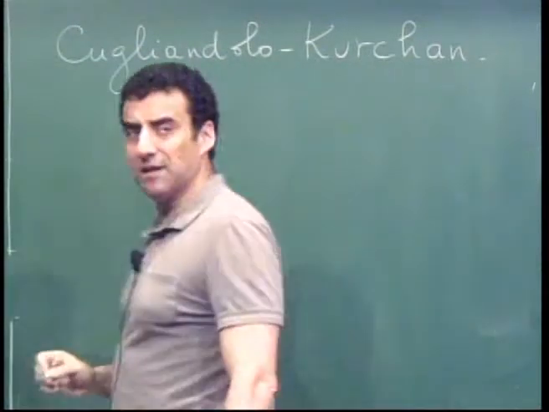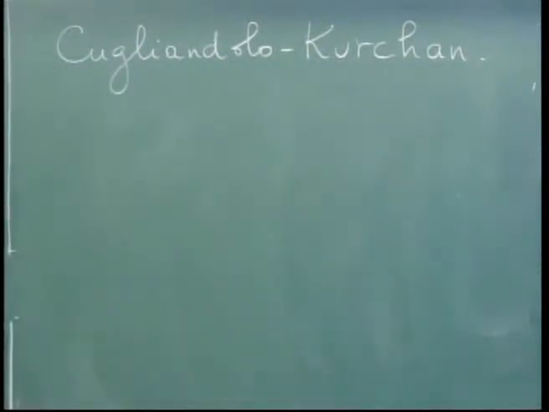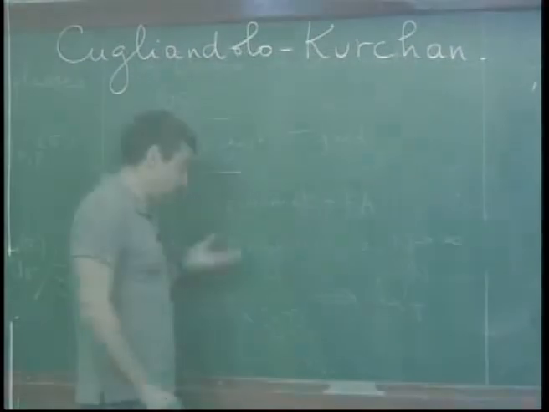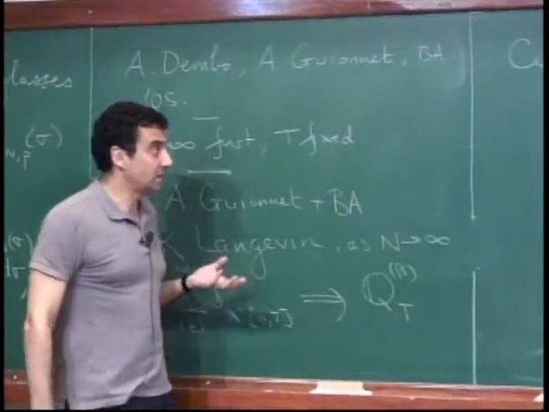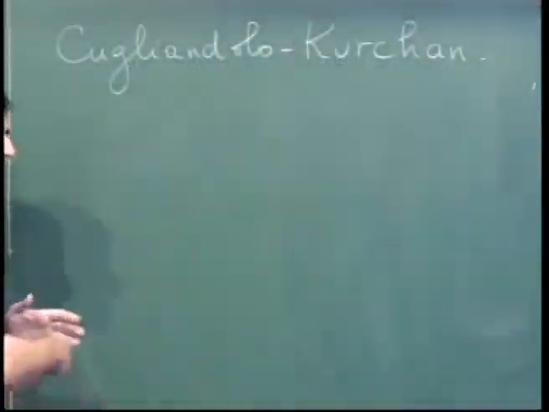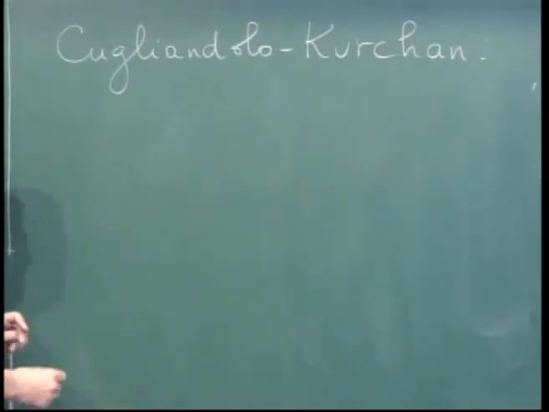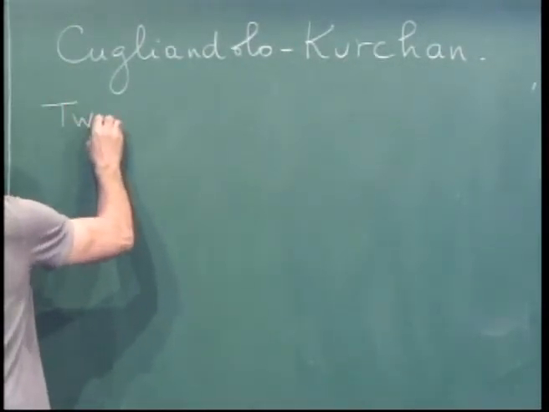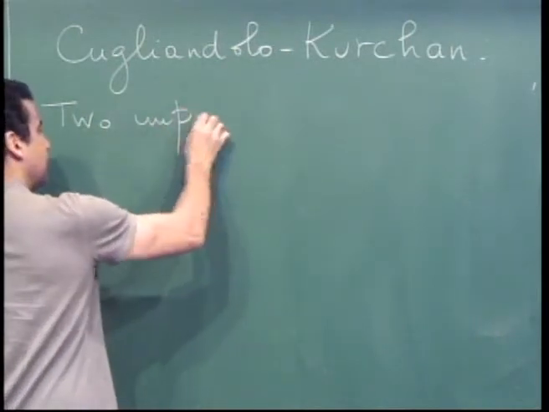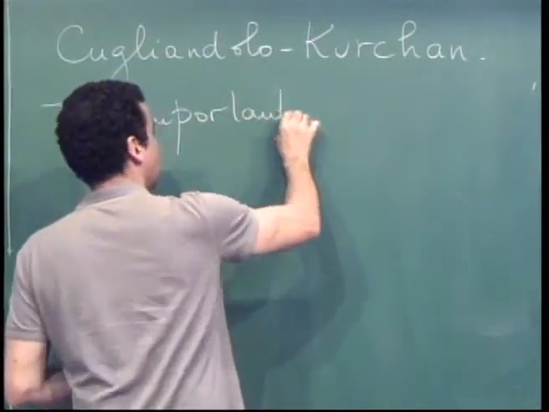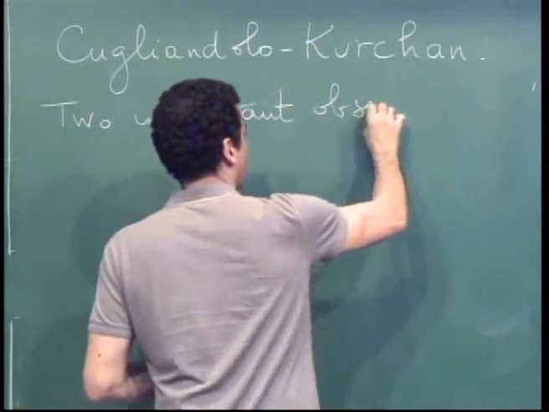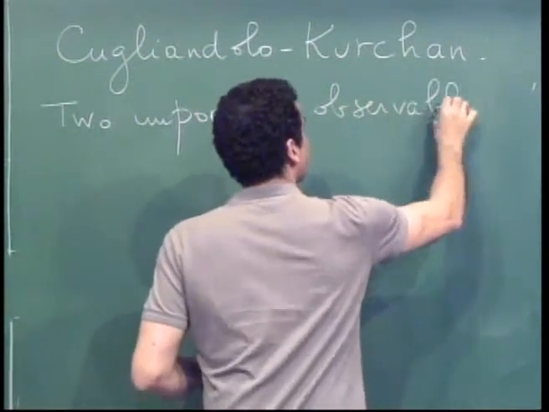So they said, in fact, you know this equation, we have some equation for this infinite dimensional thing, which is complicated. They said, no, instead of looking at this infinite dimensional thing, look at only two functions. The trick is to look at two important functions, observables if you want, or functions of the dynamics.